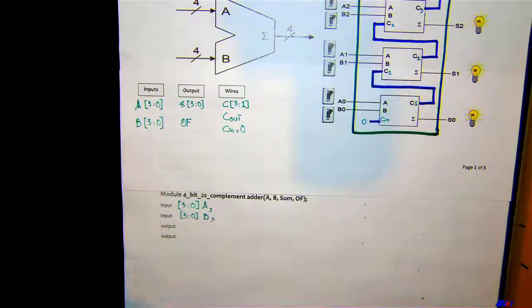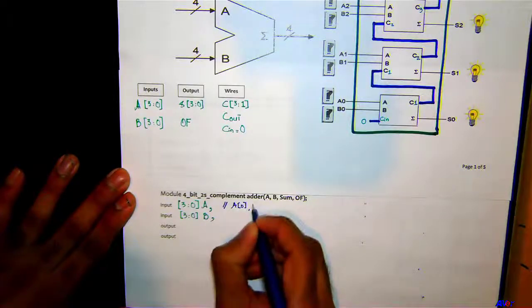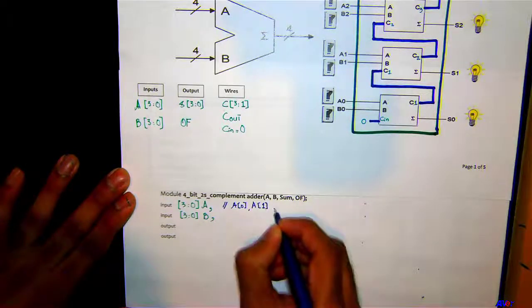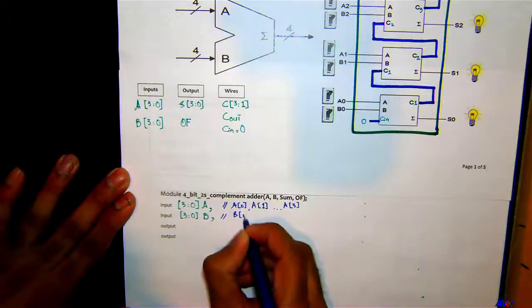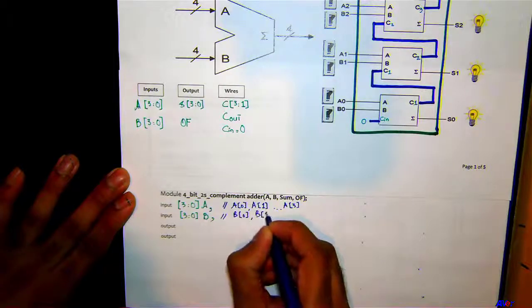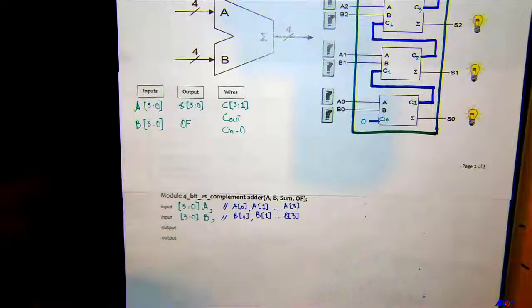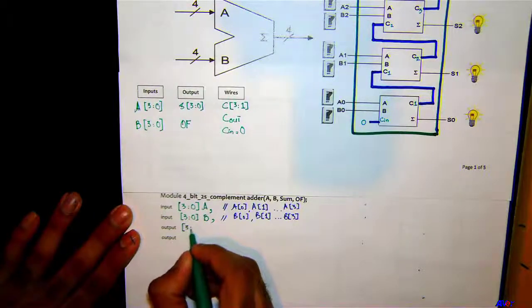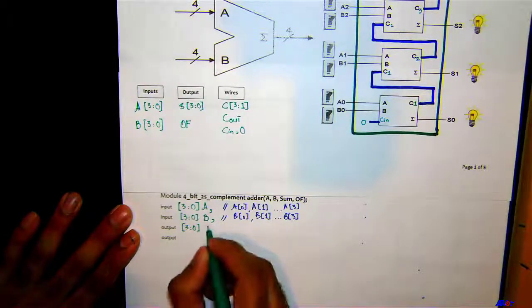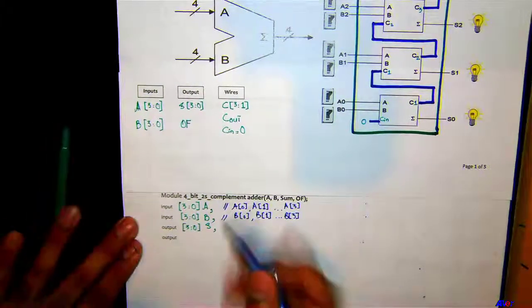Let me just also comment it for you. So this is basically A0, A1, and A3. Okay, and similarly these are B0. The outputs here are, we got sum, so S here.